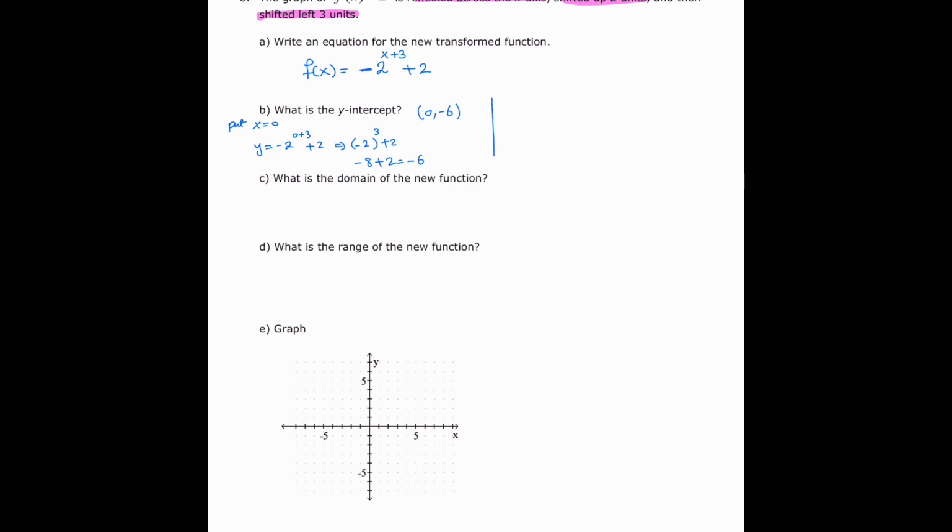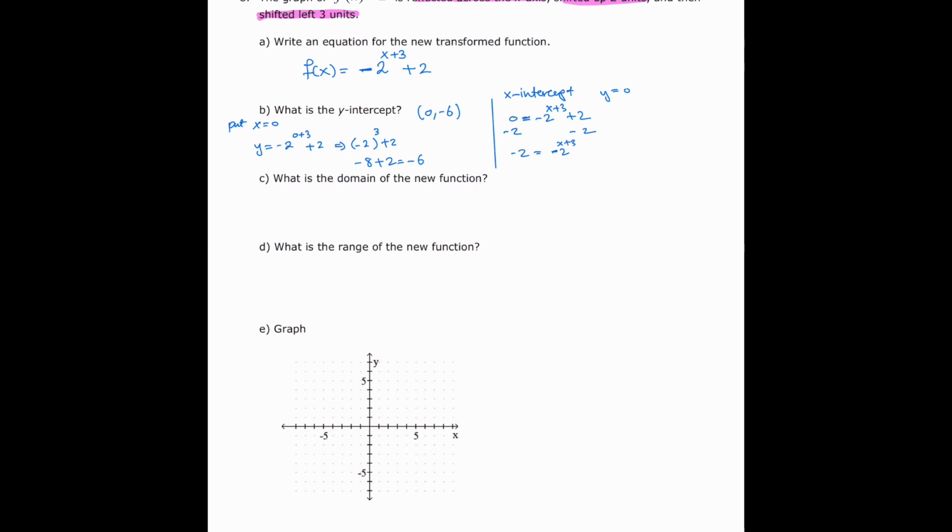And just for being curious, I'm going to find the x-intercept. So to find the x-intercept, we're going to put y equals 0, which means 0 equals -2 to the x plus 3, plus 2. So now we're going to subtract 2. We're going to get -2 equals -2 to the x plus 3.